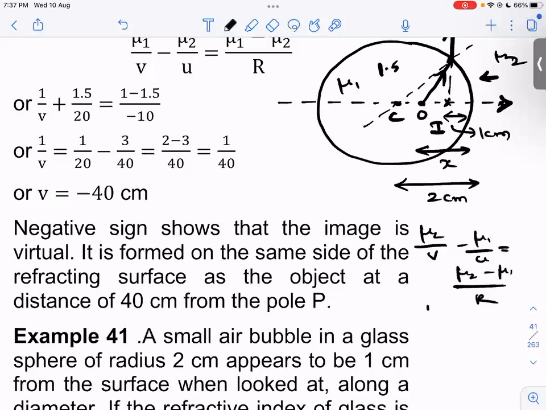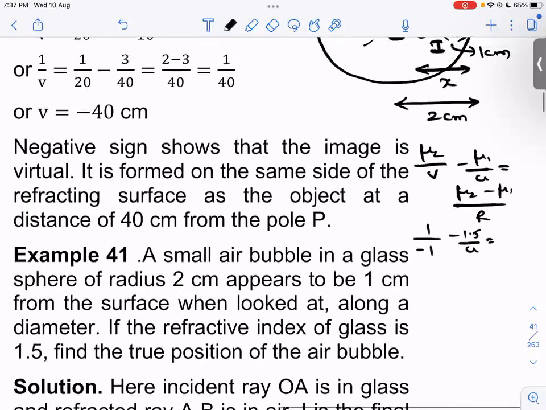The outside medium has refractive index 1, and the image is formed at a distance of minus 1 centimeter. Minus mu1, which is 1.5, divided by u. Actually you should not take minus u. For whichever is unknown, you should not take sign convention. Is equal to mu2 minus mu1 divided by r.